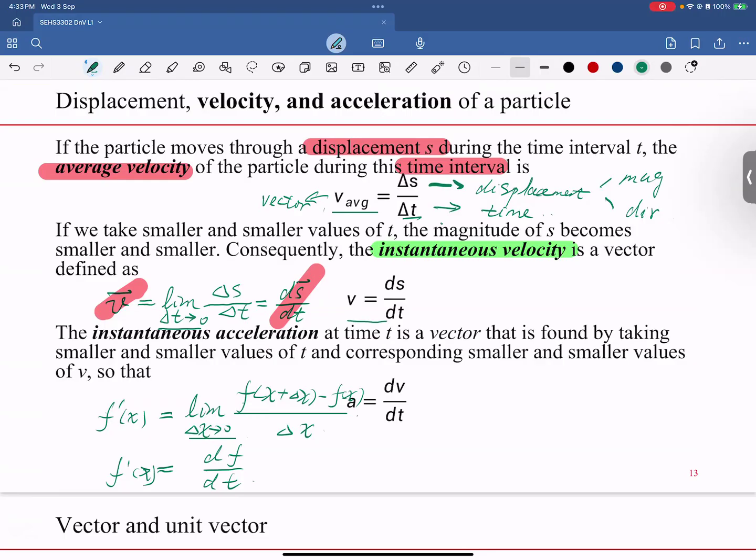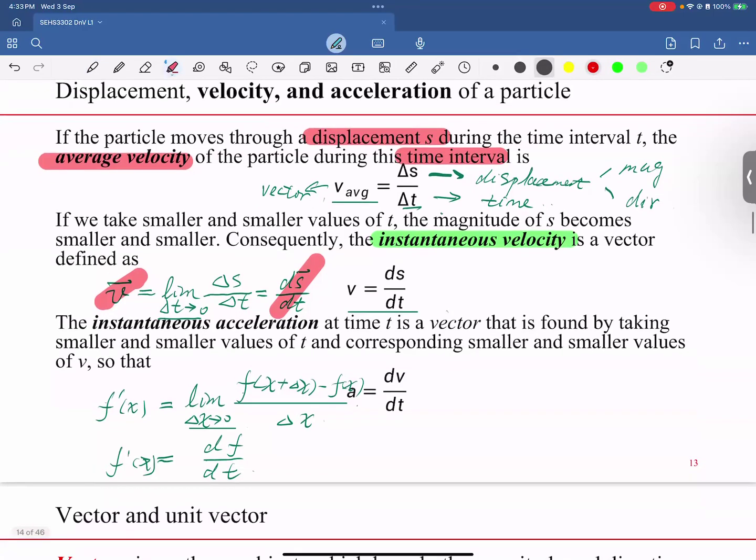We call this the instantaneous velocity. And once we have the velocity, we can have the acceleration. For acceleration, we just take the derivative one more time. Just the derivative of velocity.